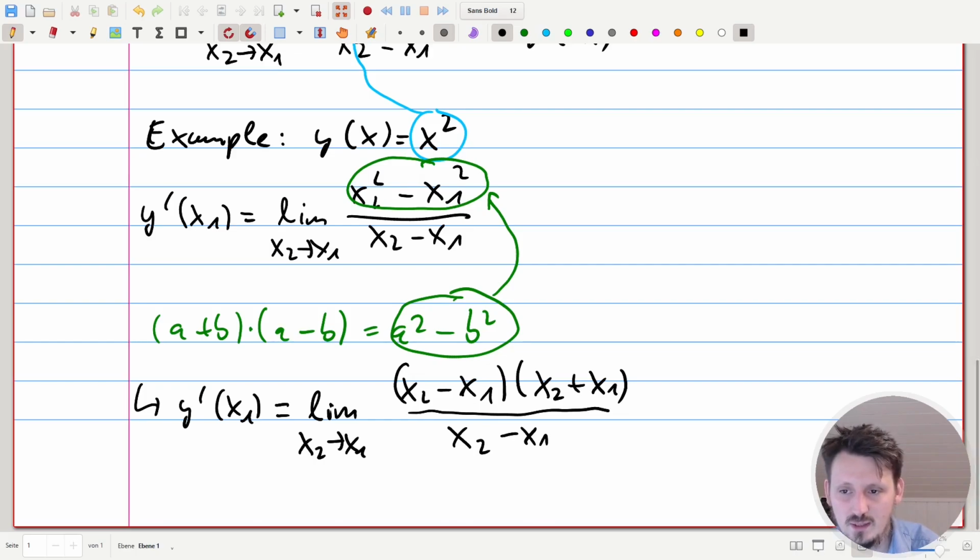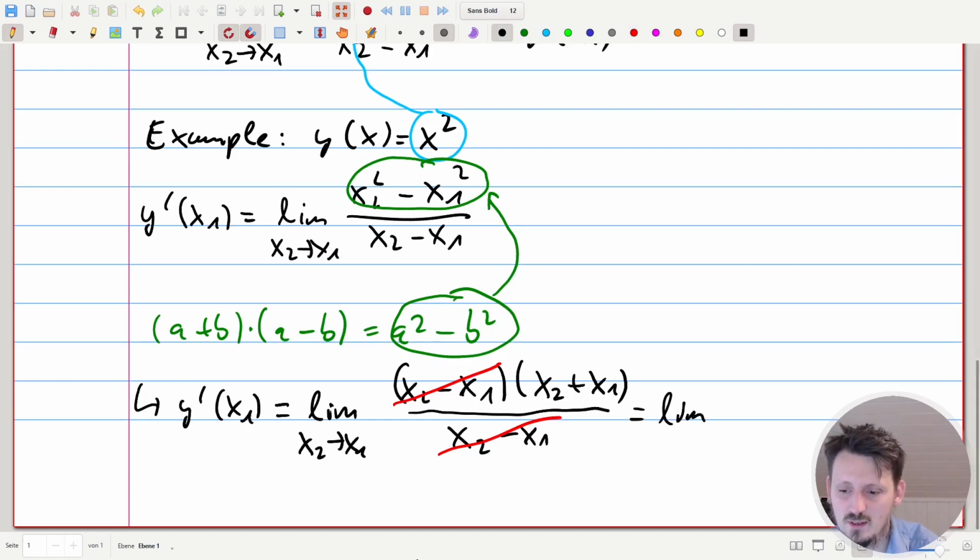And now you can see immediately what happens. Our denominator looks exactly like that one here, x2 minus x1. So this cancels out.